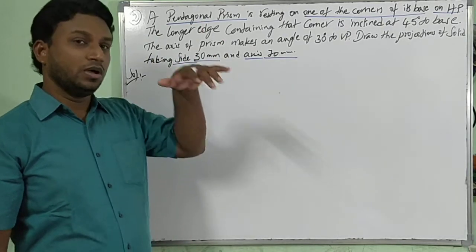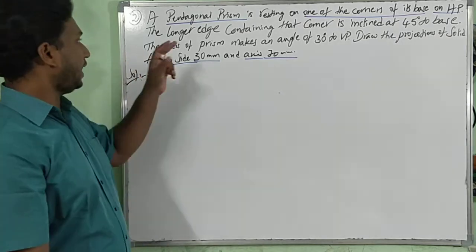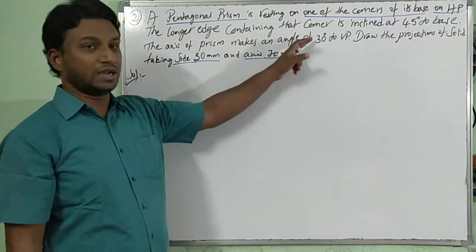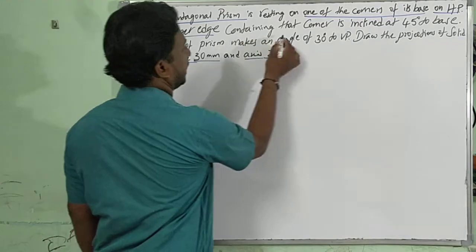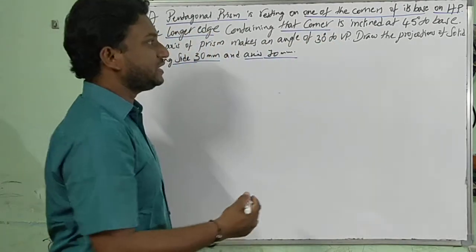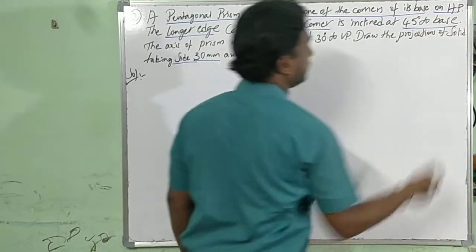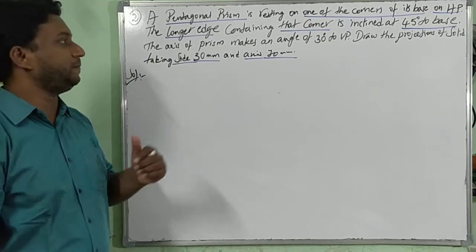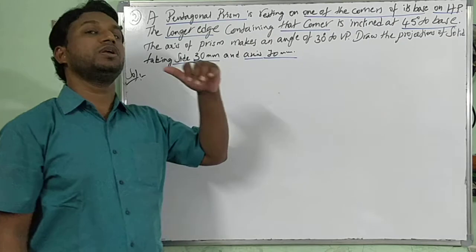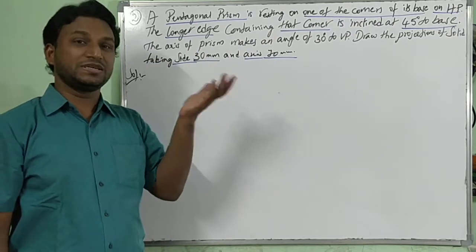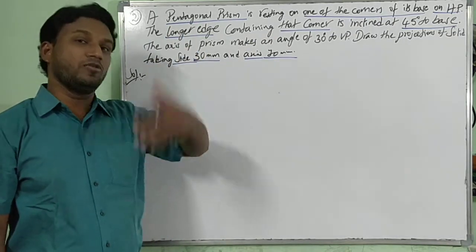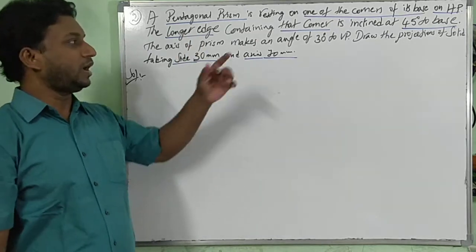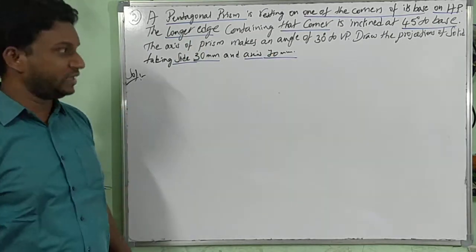It is resting on HP with one corner, and the longer edge containing that corner is inclined at 45 degrees to the base. 45 degrees to the base in the sense 45 degrees to HP. Whatever the corner on which the prism is resting, that corner will have a longer edge, the vertical edge, and that is inclined at an angle of 45 degrees.